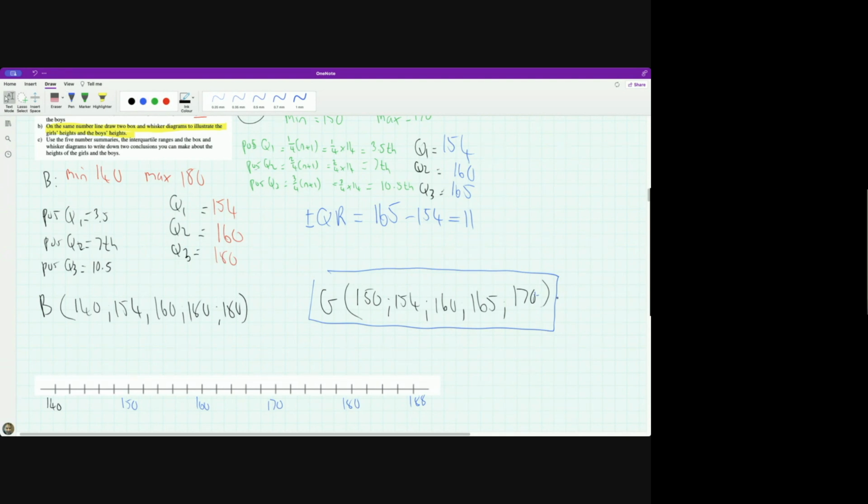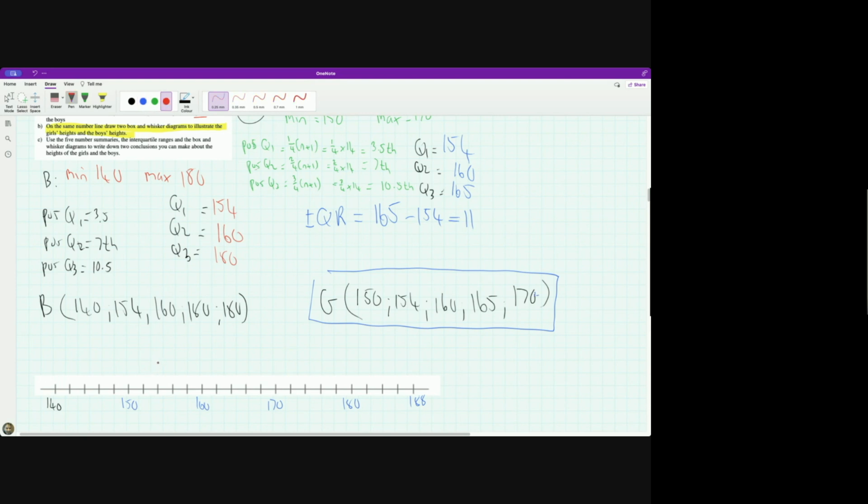Draw me a box and whisker plot over that number line. And just say done when you are done.